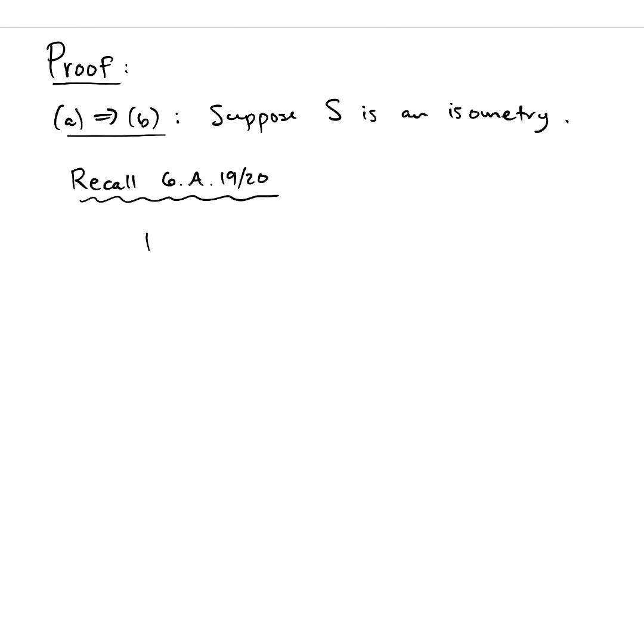And let's just remind ourselves what 19 said. 19 said that in an inner product space, if you want to know the inner product of u and v, that's equal to norm u plus v squared minus norm u minus v squared all over 4.